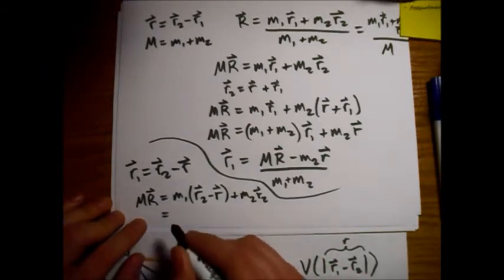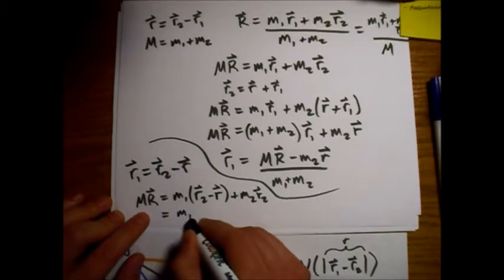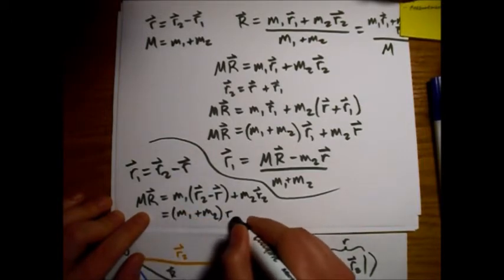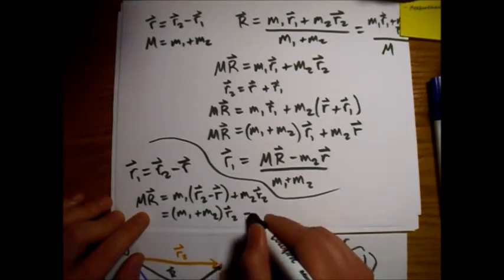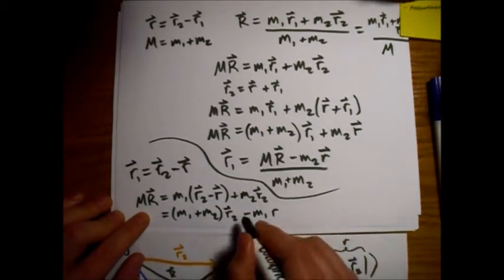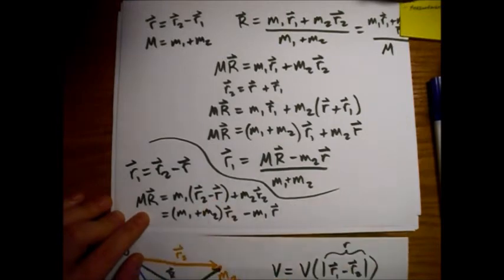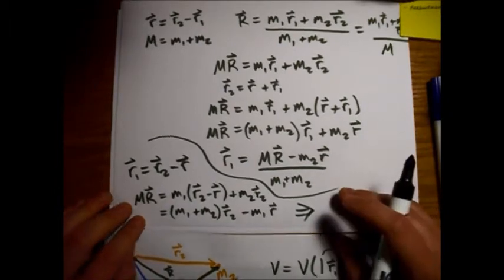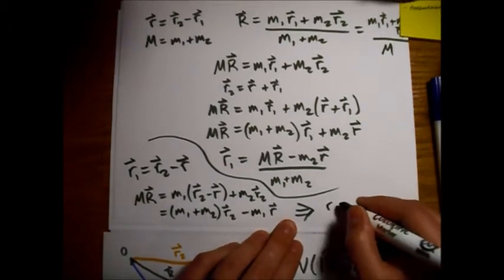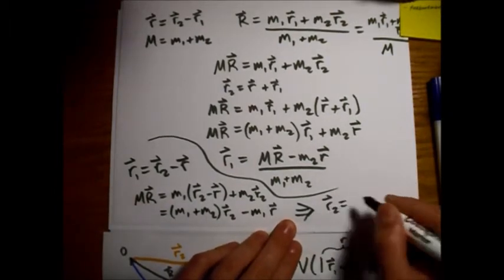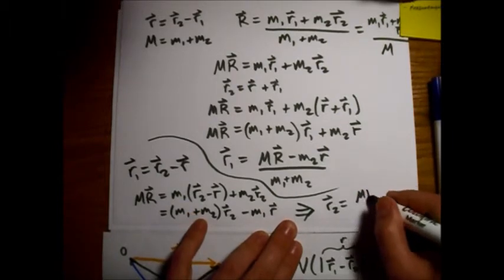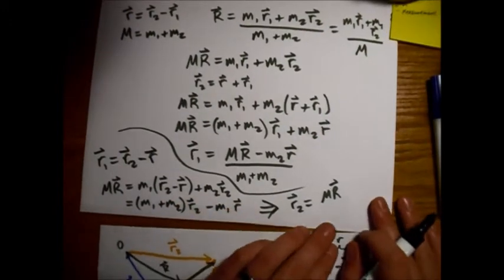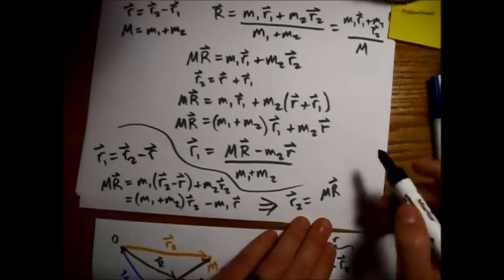So this was equal to M1 plus M2 R2 minus M1 R from this term in here, and this gives us R2 equals big M big R. Make sure I'm still on the page here.